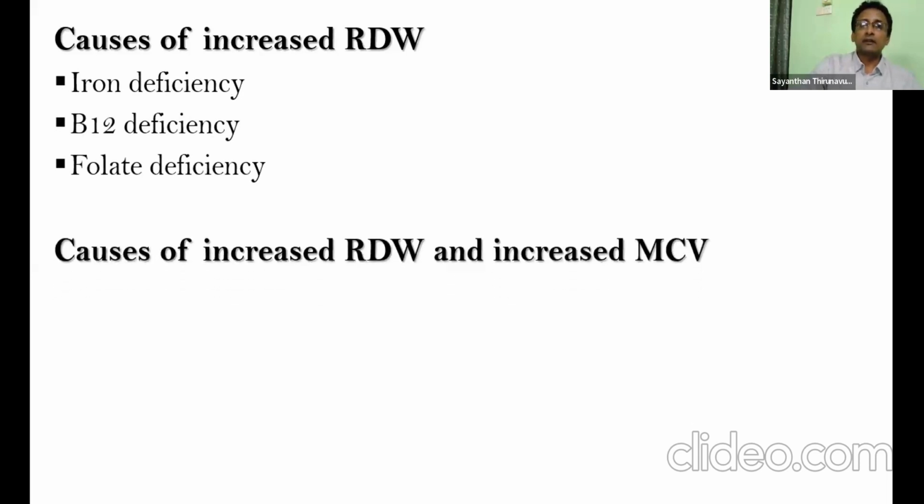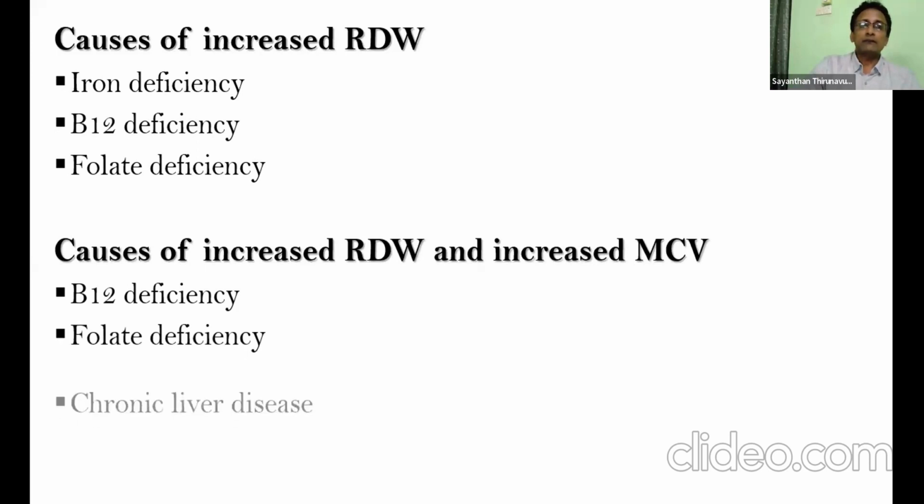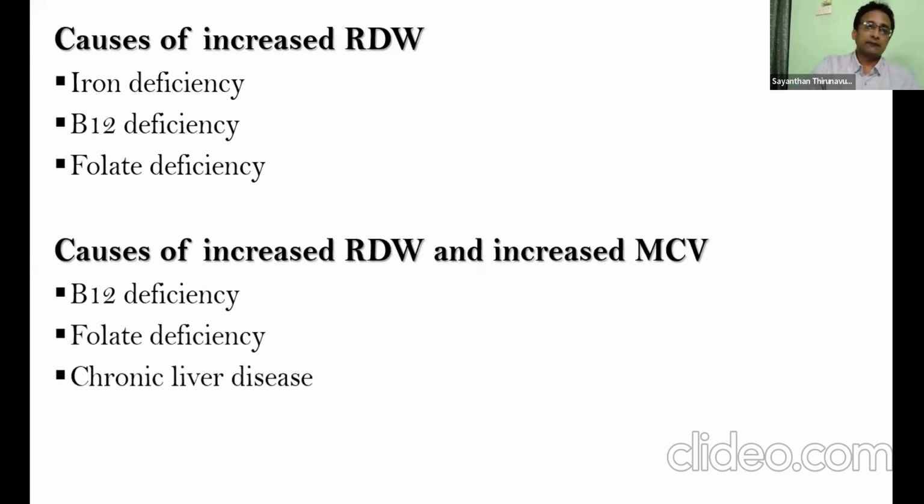So collectively, when we see the causes for the increased RDW and increased MCV, as in this patient: B12 deficiency, folate deficiency, and chronic liver disease.